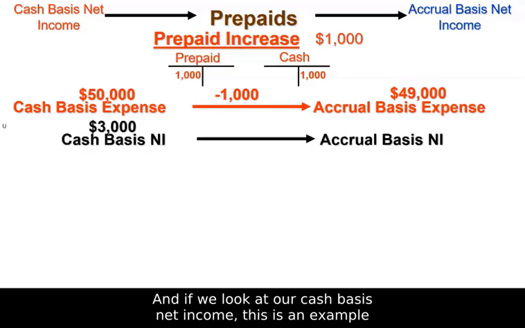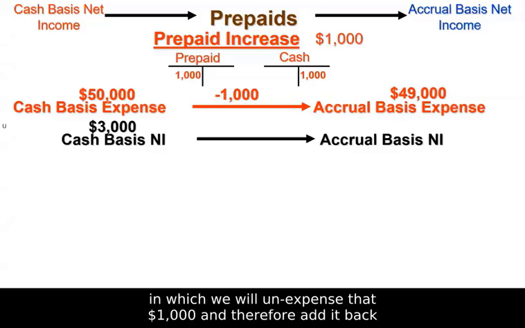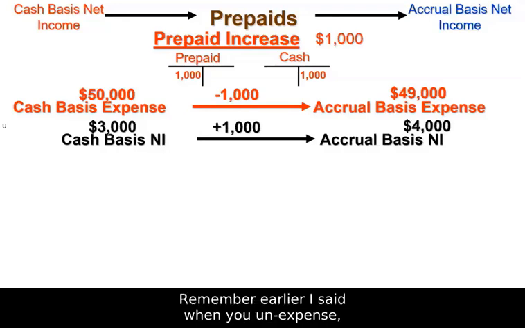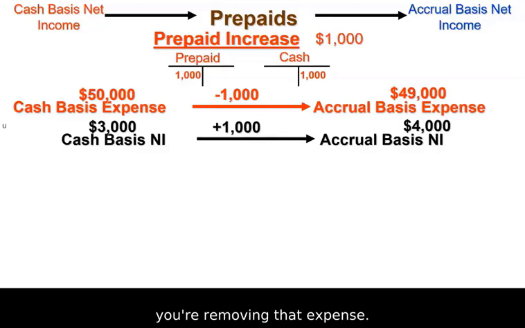And if we look at our cash basis net income, this is an example in which we will unexpense that $1,000 and therefore add it back to increase accrual basis net income. Remember earlier, I said when you unexpense, you're removing that expense.